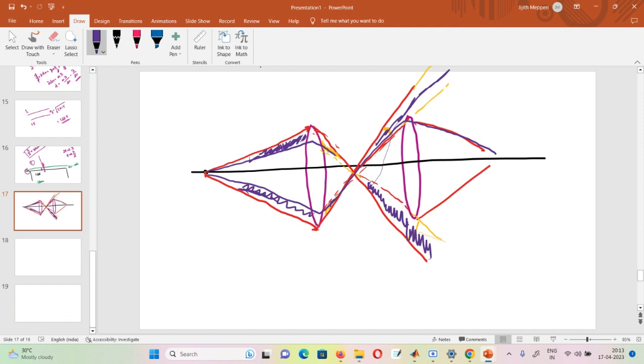So what is controlling the light from here is L2. Now L2 is acting as an aperture stop. Got it?